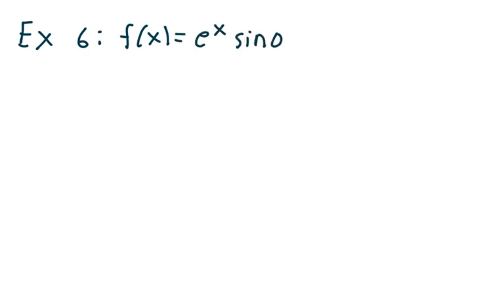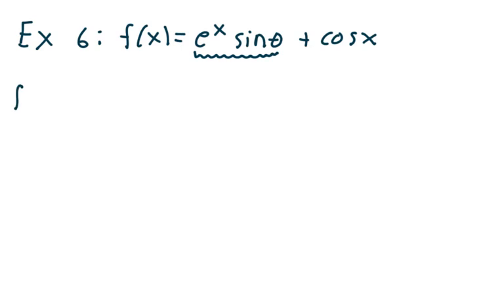Let's take a look at example 6. Suppose I had f of x is e to the x sine x plus cosine x. Now, I'm going to take the derivative, but on this term here, I'm going to apply the product rule.